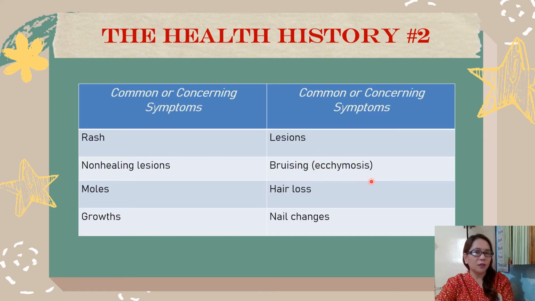Is the patient anemic or may problem with the blood, red blood cells? Hair loss like alopecia. Are there nail changes? So if you found these symptoms, you need to explore on these symptoms.